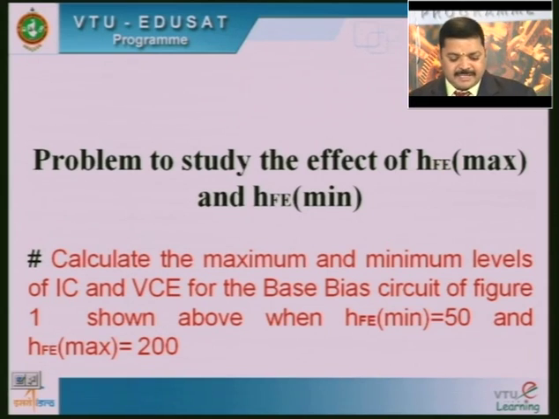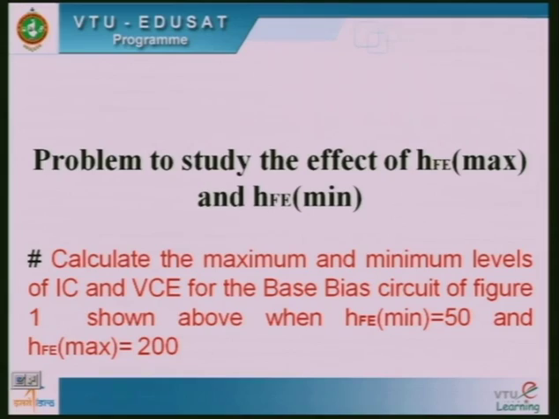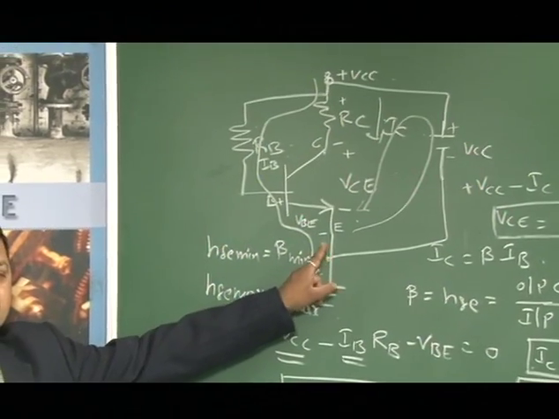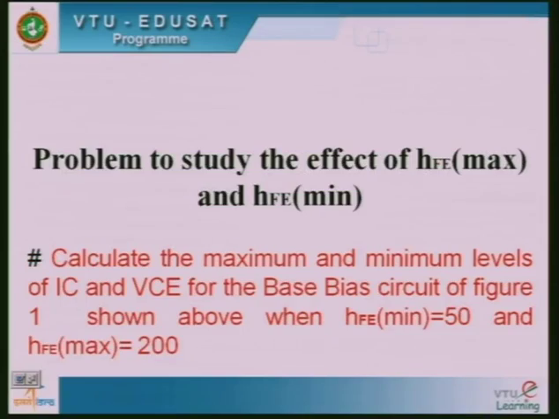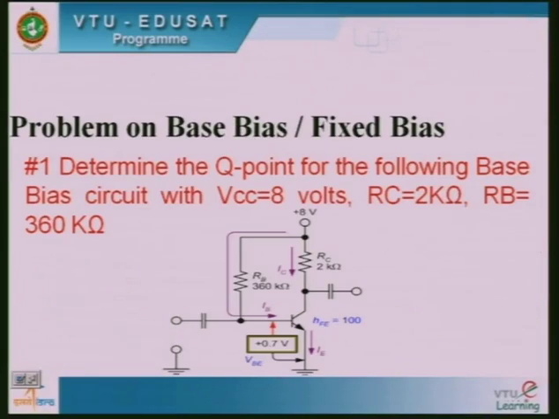So, the problem is: calculate the maximum and minimum levels of IC and VCE for the base bias circuit of figure 1. Figure 1 is already written on the board. This is the figure 1, which in the previous slides I have considered.